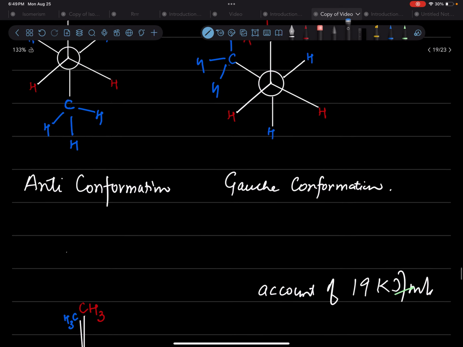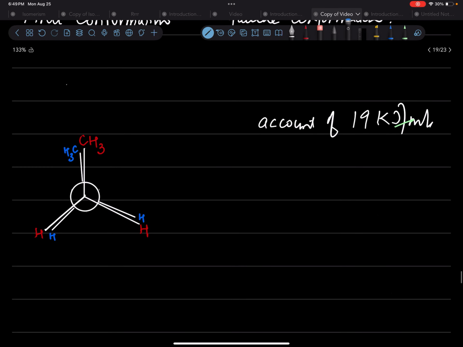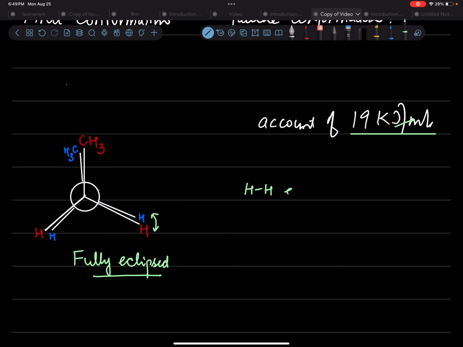Now, if we focus on the fully eclipsed conformation here, this is the fully eclipsed conformation where methyl is eclipsing methyl, hydrogens are eclipsing hydrogens. The energy of this system when calculated experimentally is 19 kilojoules per mole, right? From the previous videos, we talked about propane and ethane, and we know that hydrogen-hydrogen eclipsing interactions contribute 4 kilojoules per mole of energy increase.